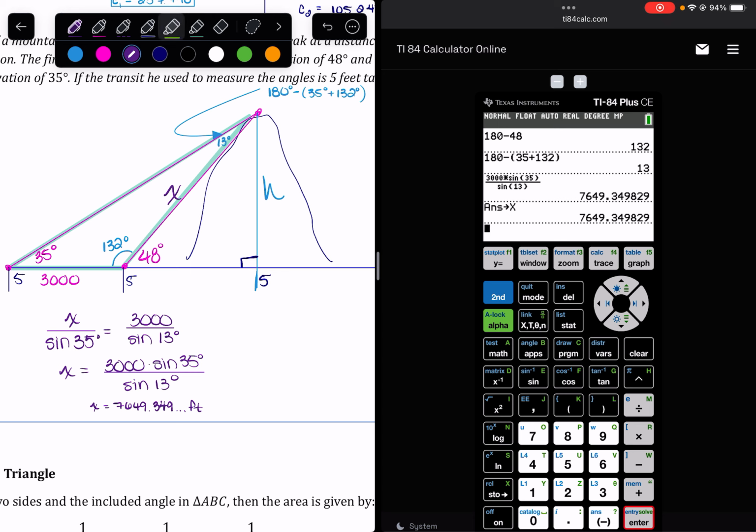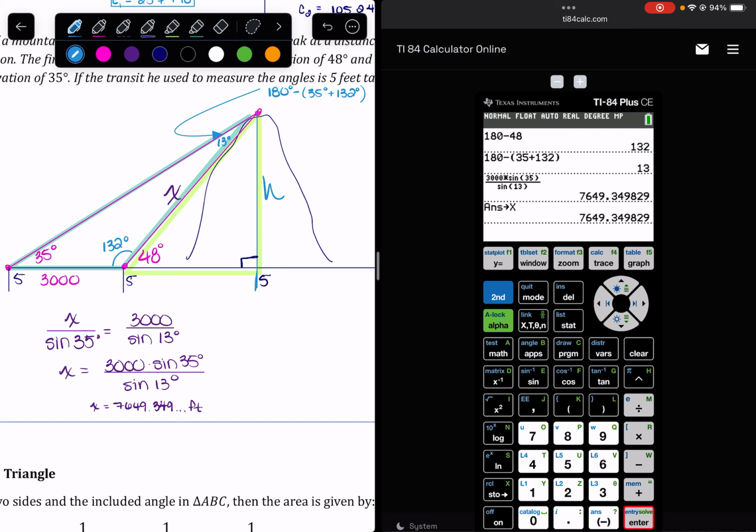Now I'm focusing on triangle number 2, which is this one right here. I have a complete ratio because I have X and I have a 90-degree angle. Law of sines works no matter whether we're dealing with right triangles or oblique triangles.